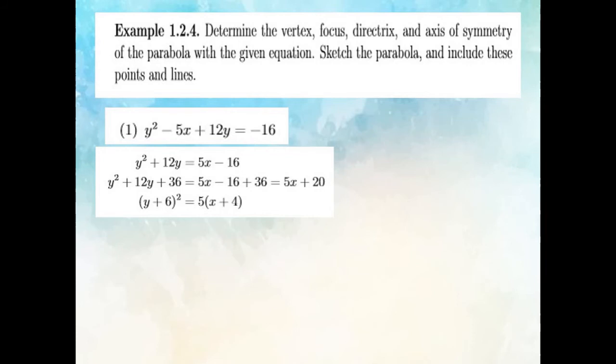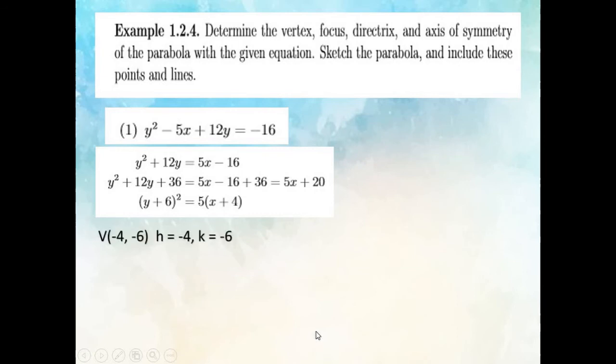So y squared plus 12y plus 36 is equal to 5x minus 16 plus 36. That results to 5x plus 20. So, when you apply factoring, that results to y plus 6 squared is equal to 5 times the quantity x plus 4.